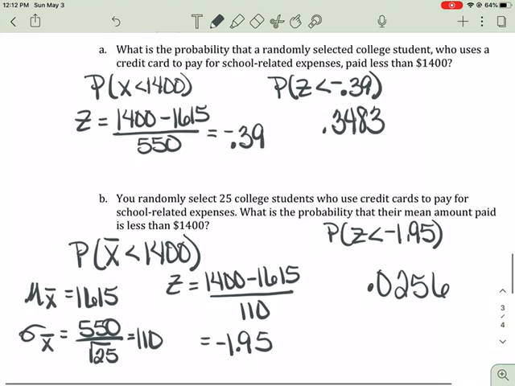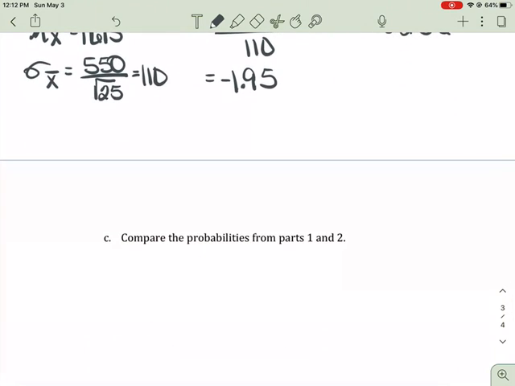So there's a huge difference in our probabilities.